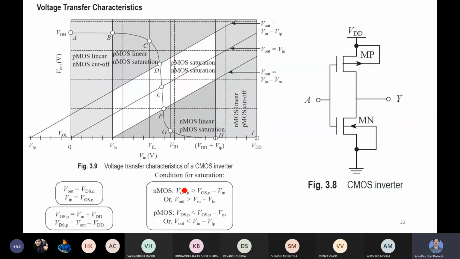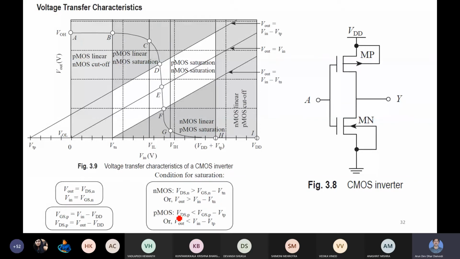So these are the conditions, and the conditions for saturation for the NMOS and PMOS are given here. VDSN must be greater than VGSN minus VTH, as usual in the MOSFET we know, and basically VDSN can be written as V out and VGSN can be written as V in. So V out must be greater than V in minus VTN.